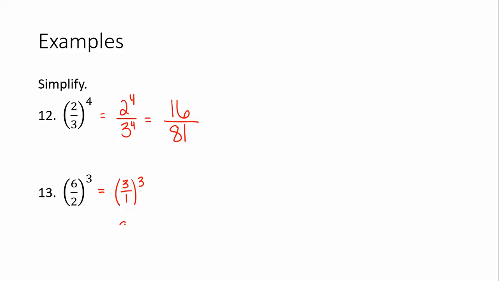You could also write it as 3 to the 3rd. Remember, we don't typically write whole numbers over 1. So this becomes 3 to the 3rd over 1 to the 3rd, or 27 over 1, or 27. On the bottom, 3 to the 3rd is 27, so you can see you come to the same answer.